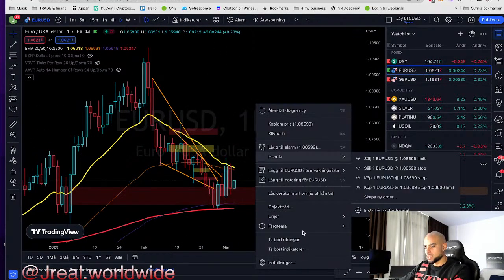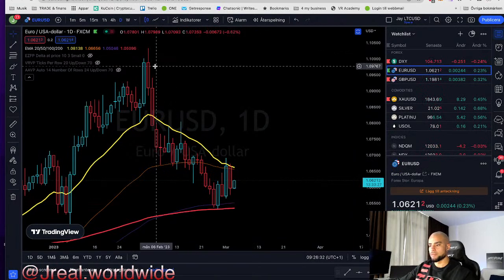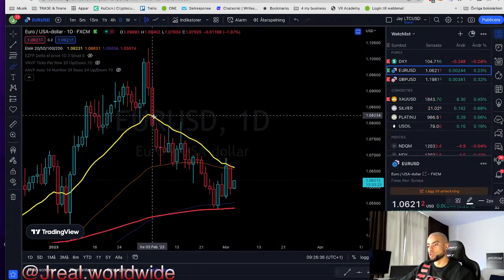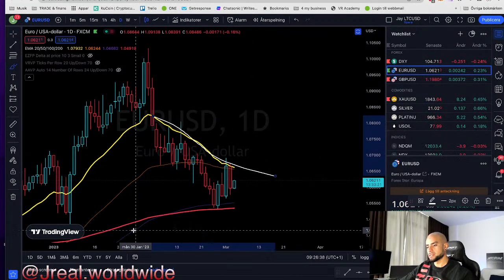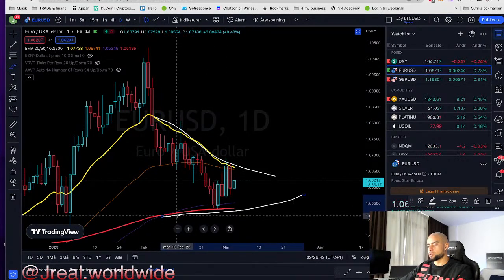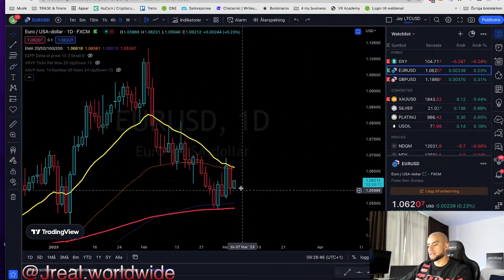You know what? Let's just clean up this chart. And look at what's happening here. Okay, first off, on the daily time frame, Euro USD is being squeezed in this kind of wedge between the 20-day and the 200-day EMA. So we still got a lot to go there.